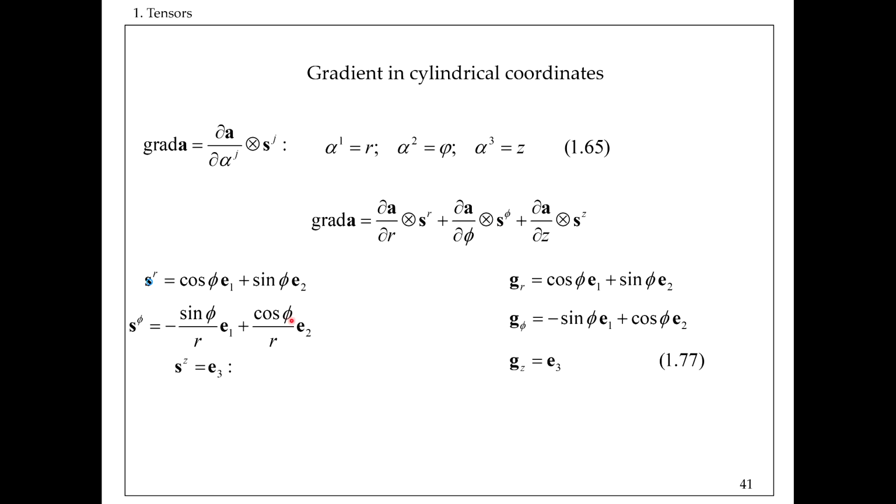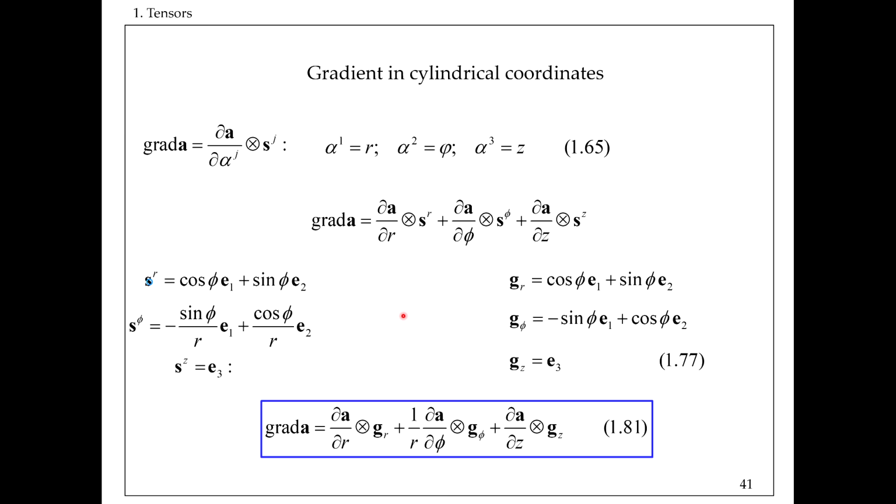This is because the factor with them is 1 over r. So we basically multiply g_phi with r and we obtain e_phi. So we add the factor 1 over r as we go from this expression to this expression.